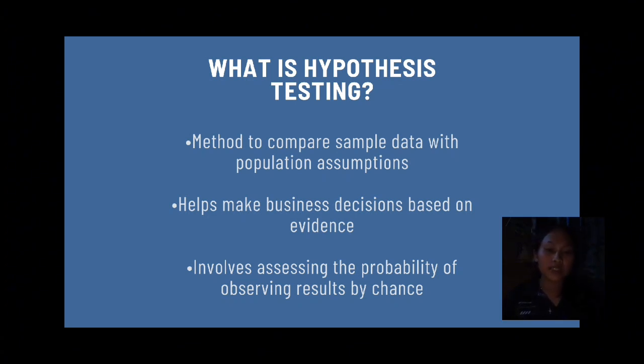And the third one involves assessing the probability of observing results by chance. It tells us if the results we see are real or just random. Example, if sales go up, hypothesis testing checks if it was because of something the company did or just luck.